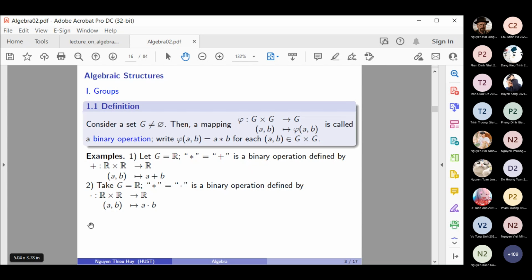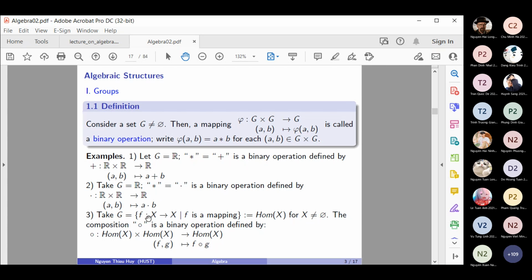So we denote by Hom(X) the set containing all the mappings f from X to X. Hom(X) is simply the set of all mappings going from X to X. And of course, X should be non-empty, because whenever you have a mapping, the domain and the range are never empty.